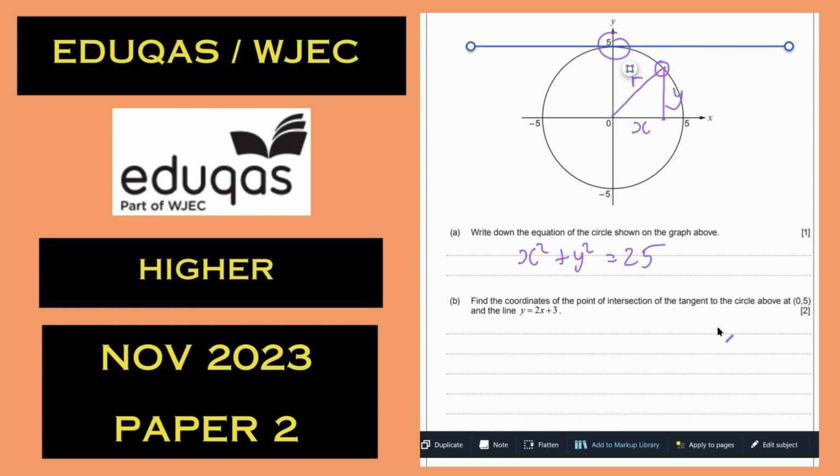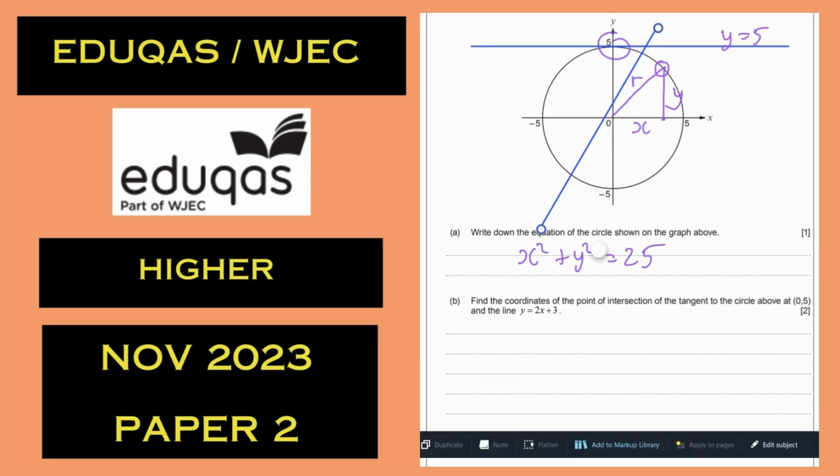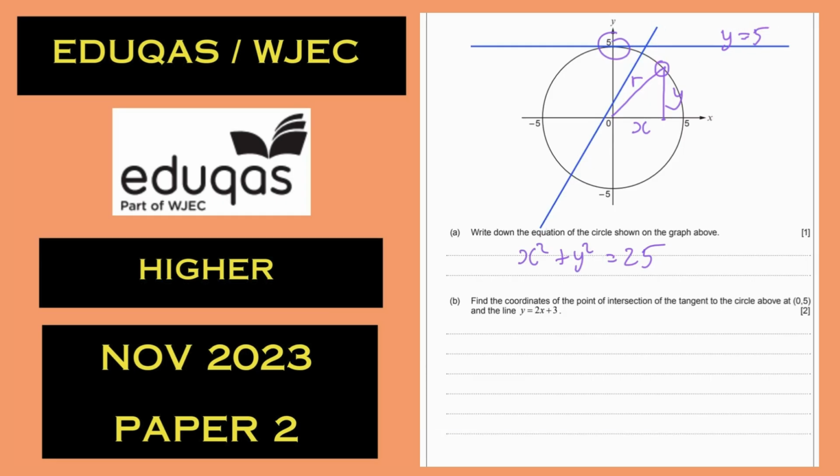It's just a horizontal line. Horizontal lines have equations. This is y equals 5. And this line, y equals 2x plus 3. Don't care how accurate my diagram is. That'll do the job. It illustrates what's going on.